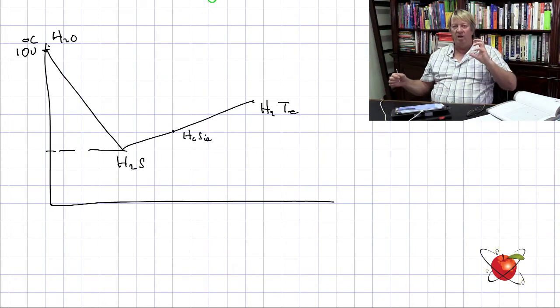Now, we know that if we look at oxygen, it's yay big. If we look at sulfur, it's yay big. If we look at selenium, tellurium, why?